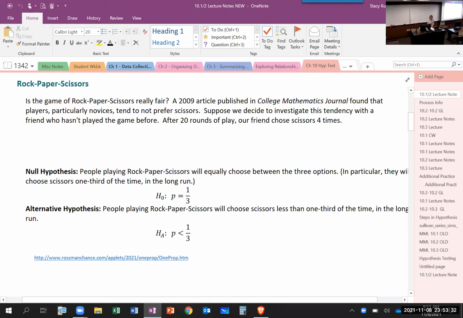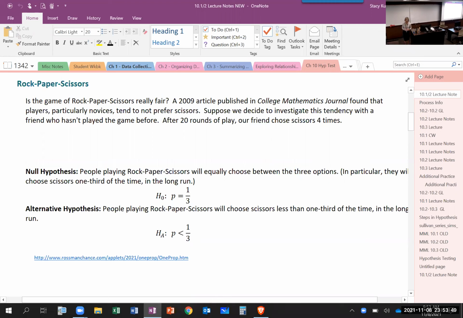Now, what type of variable are we looking at here? What's changing each time you play? The outcome of rock, paper, or scissors.